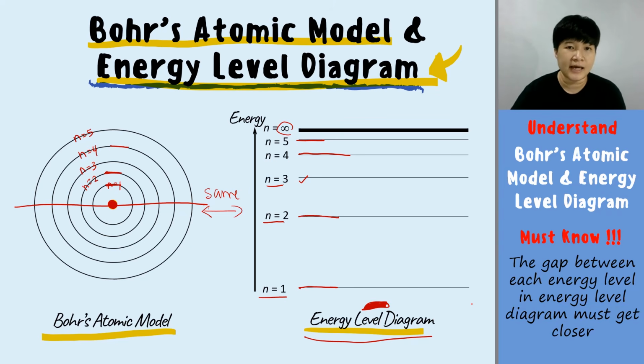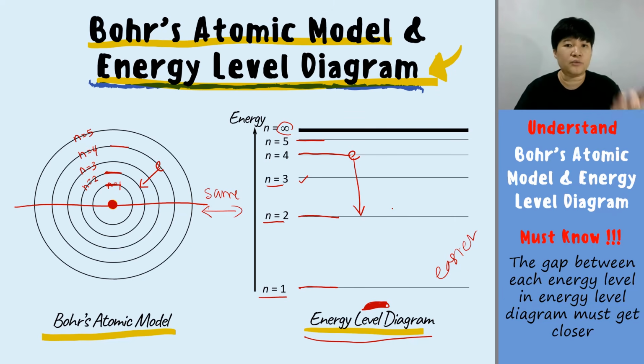Why are we using the energy level diagram? Because it's easier to draw. Imagine drawing your Bohr atomic model and also your energy level diagram. Which one is easier? Obviously the energy level diagram because it's only lines, and you can show the same thing. Like if I want the electron to drop from n equals 4 to n equals 2, you can have your electron at n equals 4 drop all the way to n equals 2.